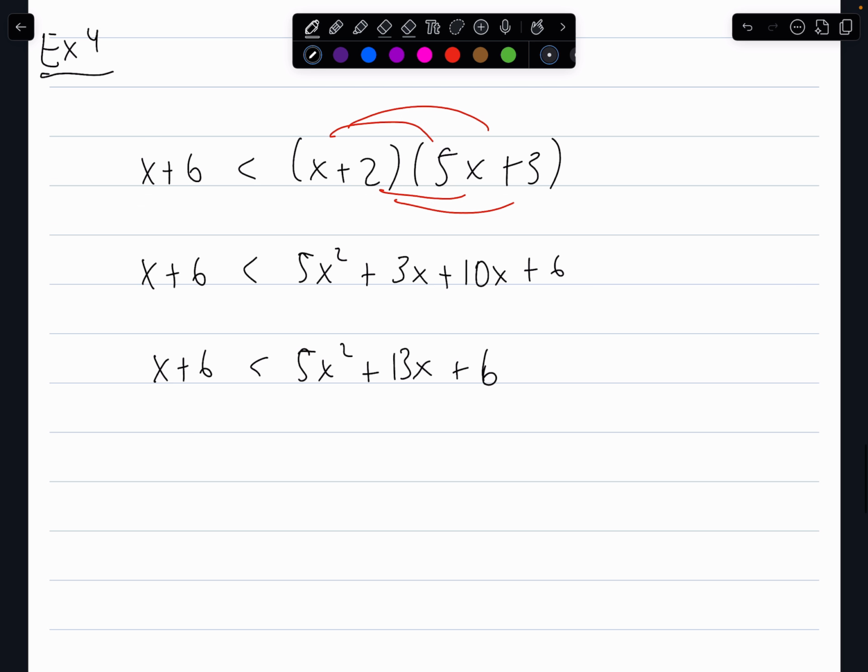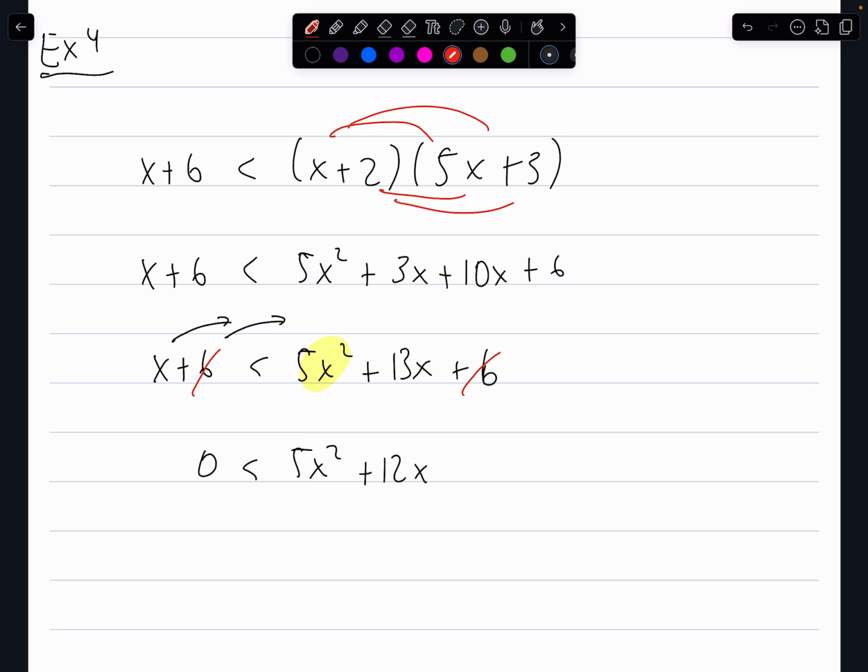And then here's a little tricky because we only have this x squared term. So yeah, the x and the 13x we can simplify because they're like terms, and the 6's we can simplify. But what are we going to do with the 5x squared? So in this case, I'm going to bring both of these terms to the other side. And when I bring both of the terms to the other side, I'm just going to get 0. So we'll get 5x squared plus 12x, and obviously the 6 and the 6 are going to cancel each other out.